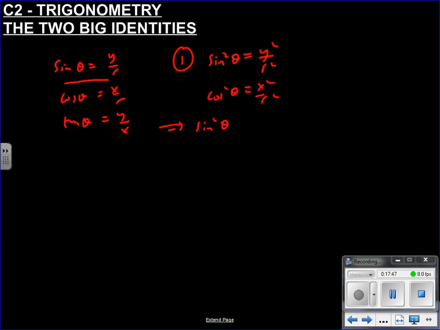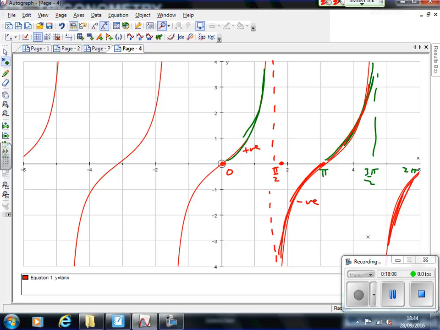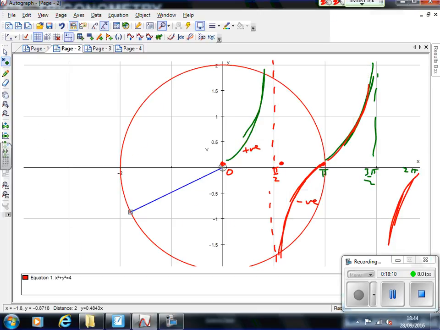So if we add these together, sine squared theta plus cos squared theta, we get y squared over r squared plus x squared over r squared. Same denominator, means I can put them together. But what is x squared plus y squared? Remember, this comes from the circle.